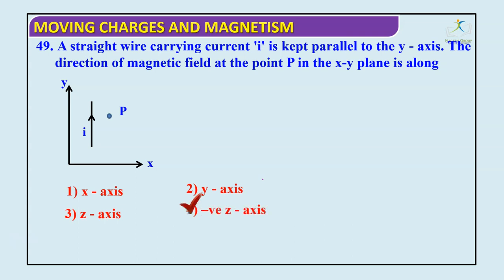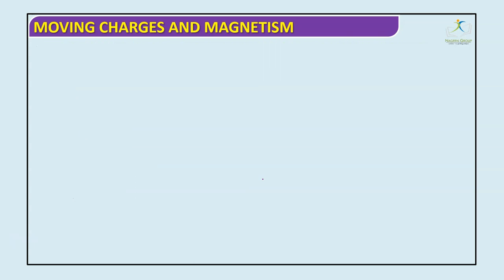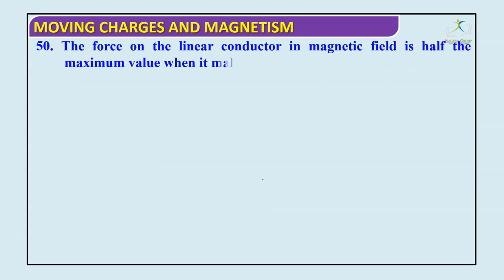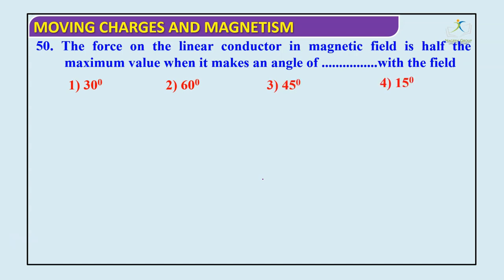The correct answer for this question is minus z-axis. Last question we have: the force on a linear conductor in the magnetic field is half of the maximum value when it makes an angle with the field of 30 degree, 60 degree, 45 degree, or 15 degree. The correct answer for this question is 30 degree.